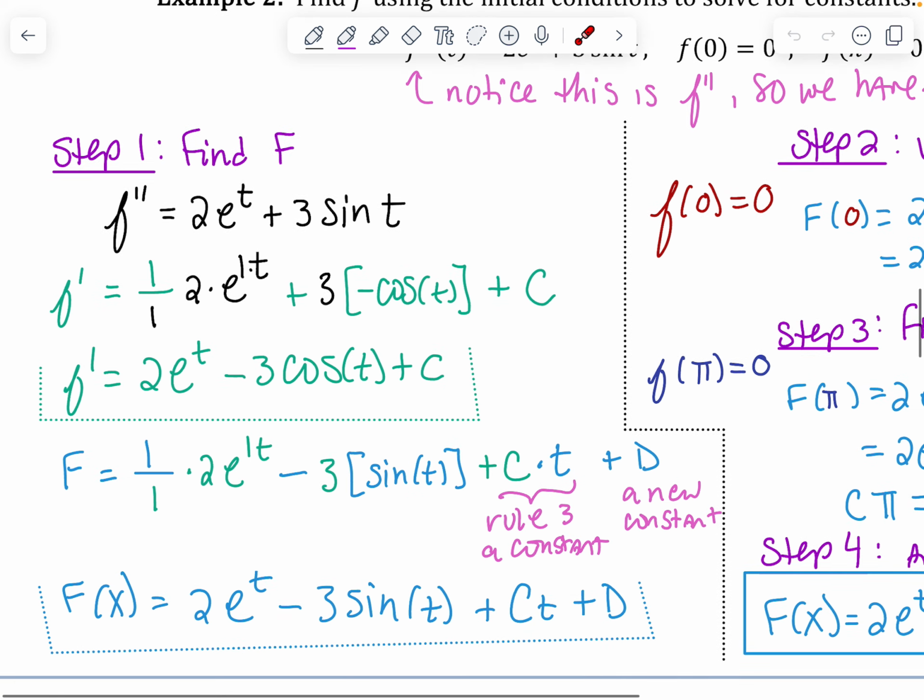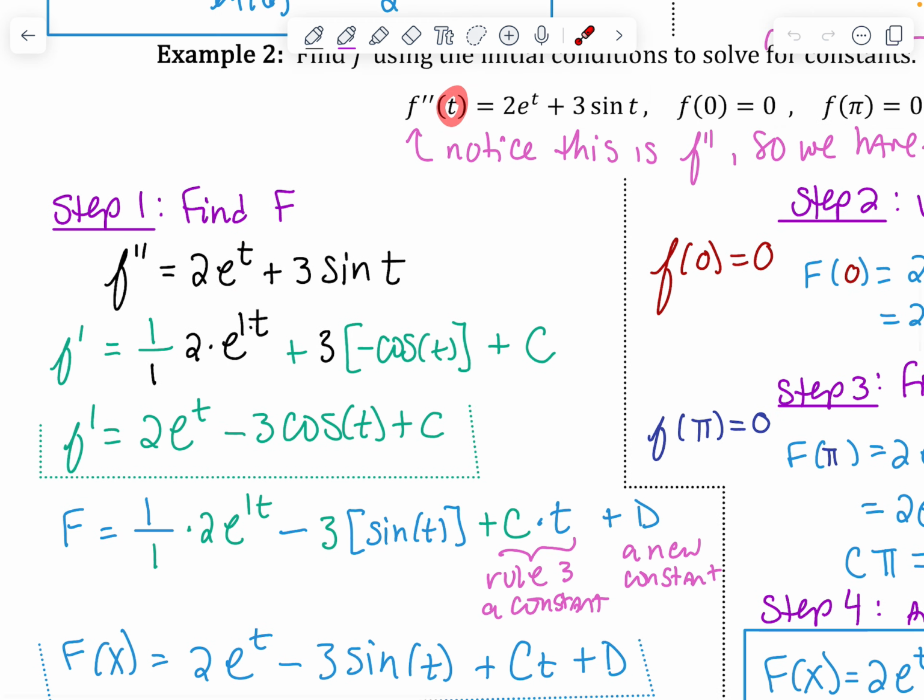So I am going to copy this over here for clarity, and I'm going to take the antiderivative. If I have e to the k times, well, apparently we're using t for our variable here, then k is 1, so I have 1 over k, and that coefficient stays there, just like the coefficient of plus 3 stays here, but the antiderivative of sine of t, using my rules above, is negative cosine of t, and I still do a plus c until I've solved for it.